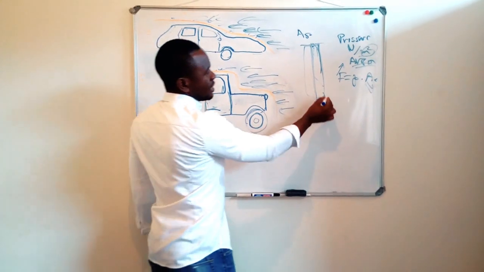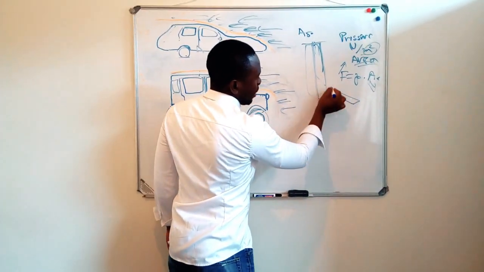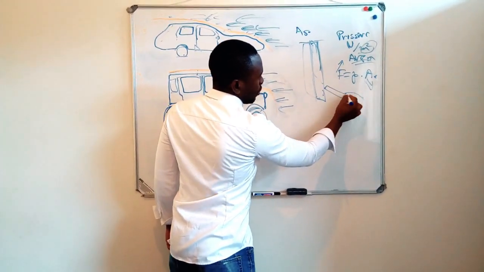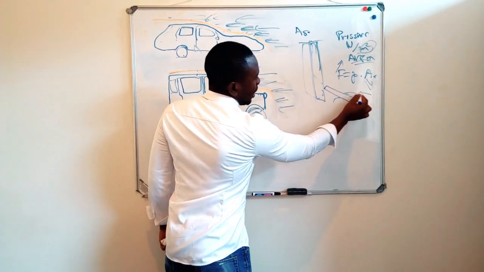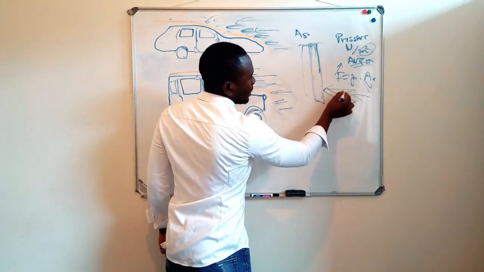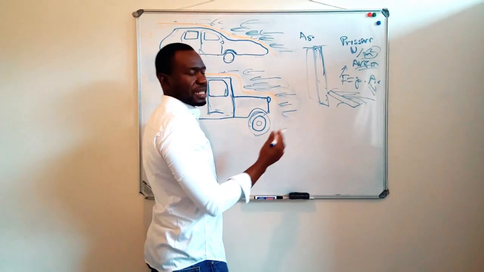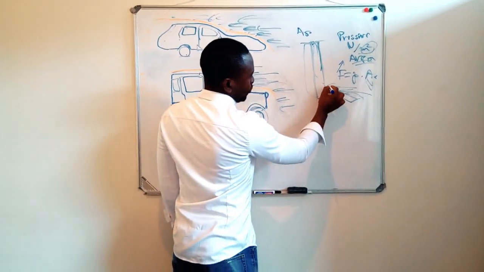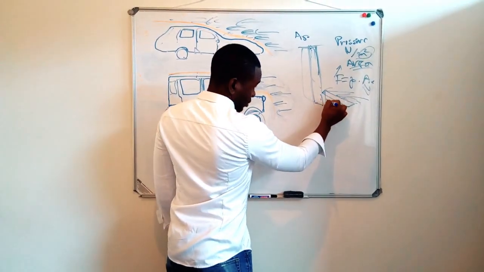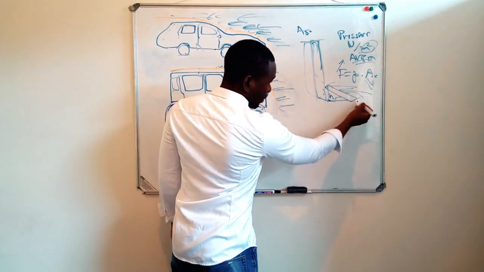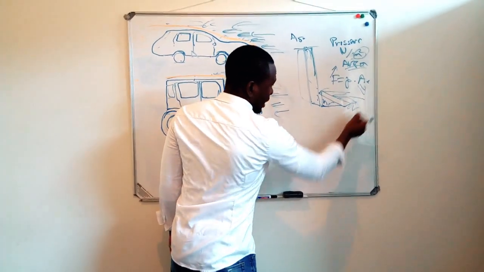On the other hand, if a door presents an angle on the side, then a lesser force will be applied on the surface, knowing the surface is given by the height multiplied by the length.